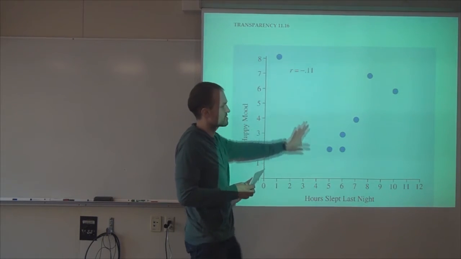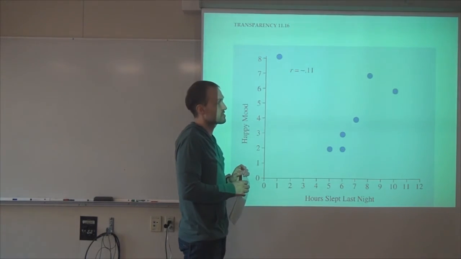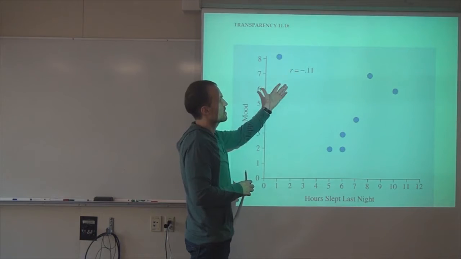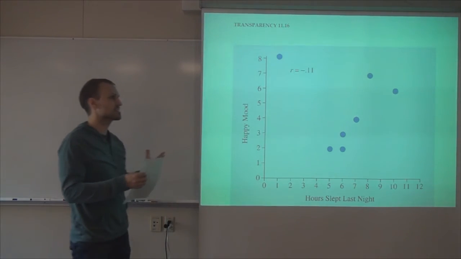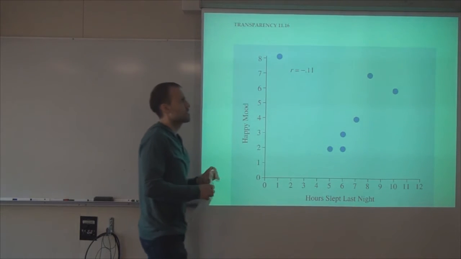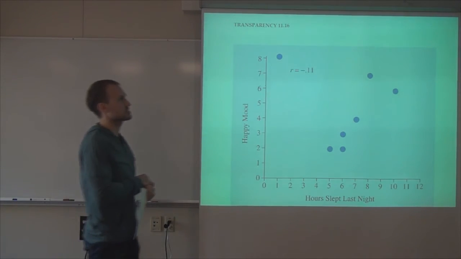If I didn't have this one, I see a nice positive correlation, and my correlation coefficient will be fairly high. But because of this one, that's sort of indicating something that doesn't fit with the rest, it will have an effect on the correlation coefficient.